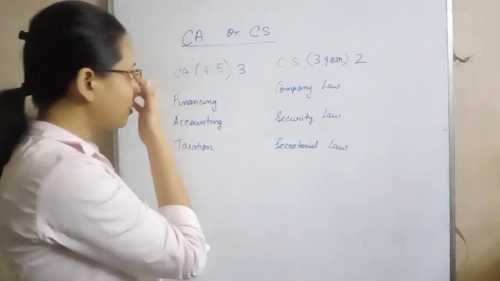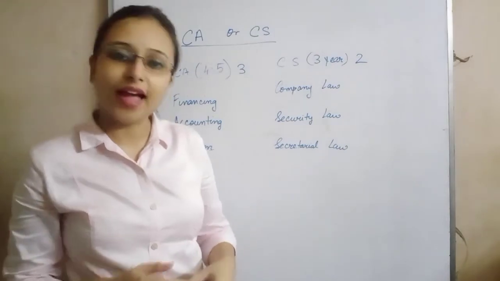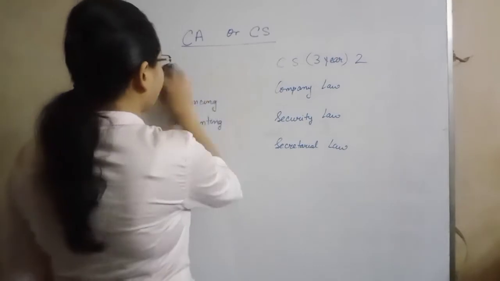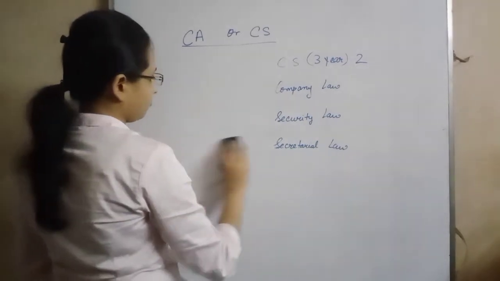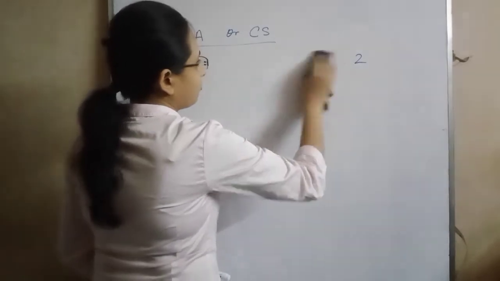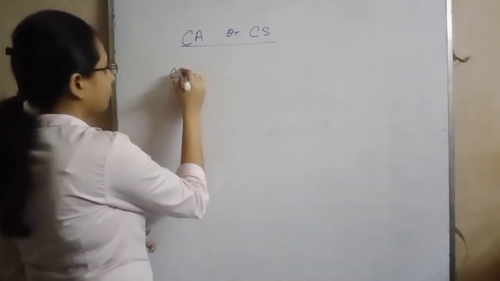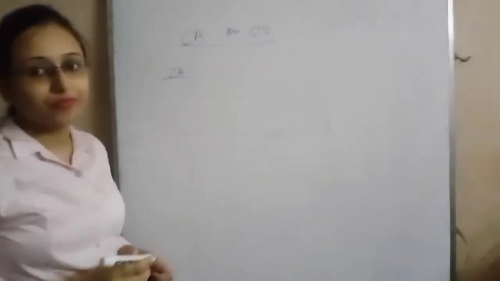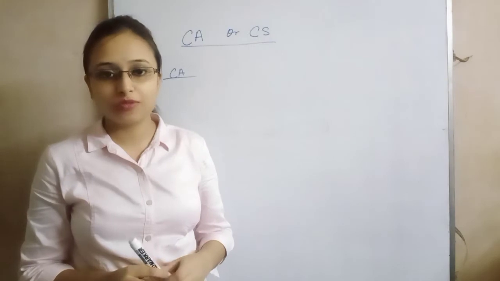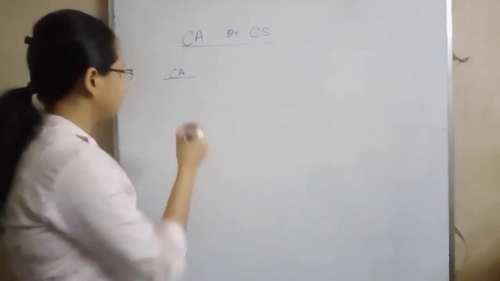So now here we will be discussing the steps or the various levels of CA and CS. The basic step of CA is foundation, intermediate and final.